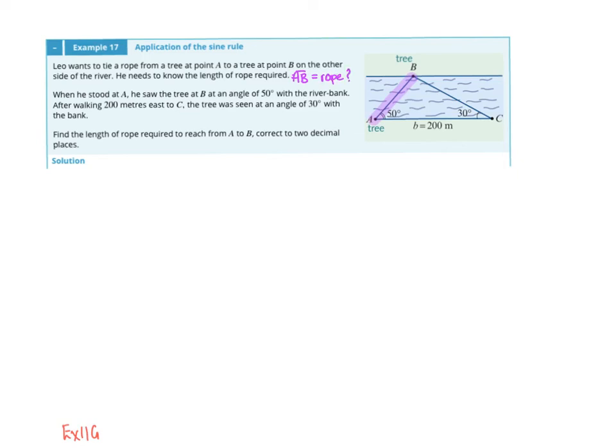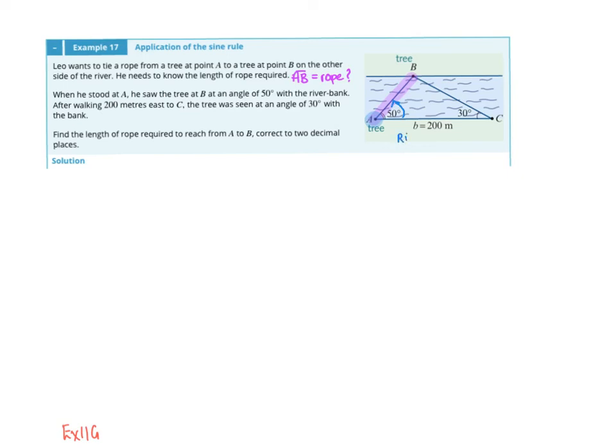Okay, he stood at A when he saw a tree at B, and it made an angle of 50 degrees with the riverbank. So he's here at A, and that's the angle it makes with the riverbank.